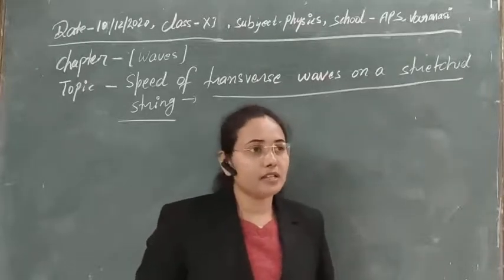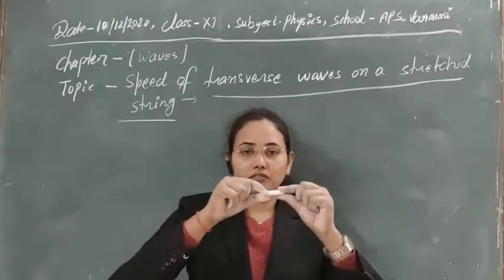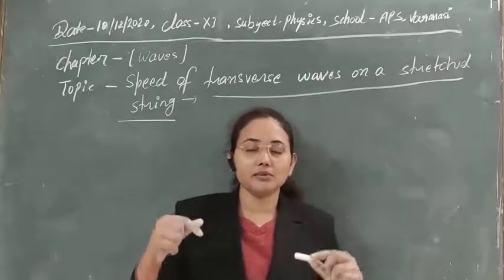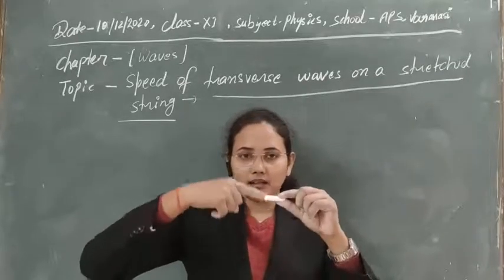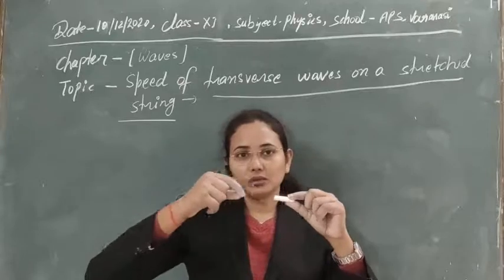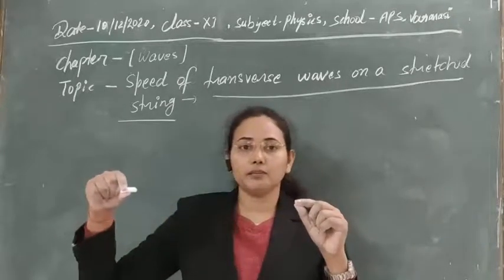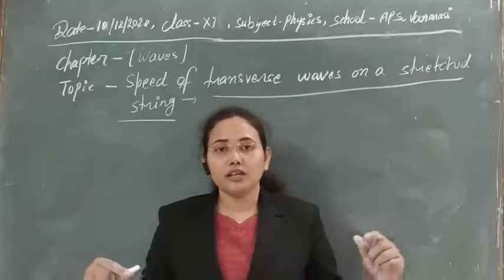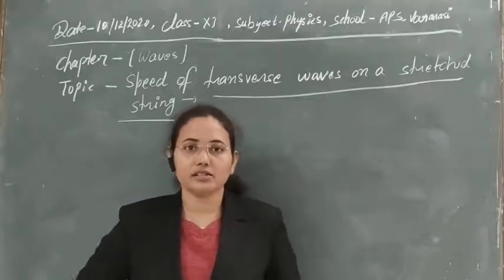And if a string is stressed, and in the stressed string whenever vibrations are produced, then you can see that the string vibrates in the direction perpendicular to the direction of propagation of the wave. In this way you can see that transverse waves are generated in the stressed spring.